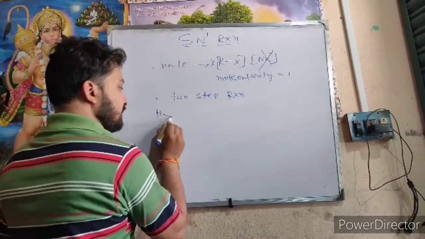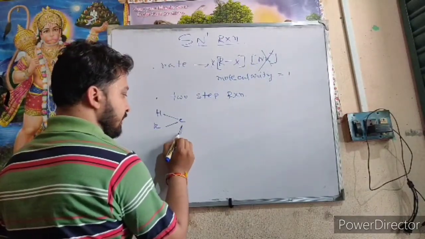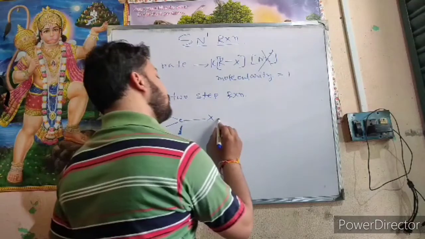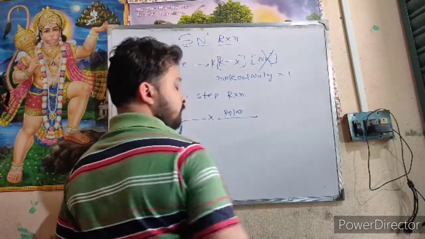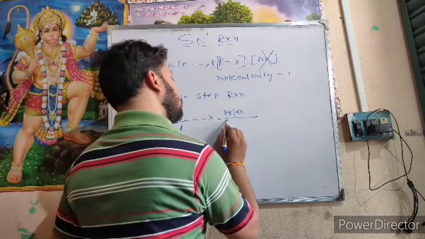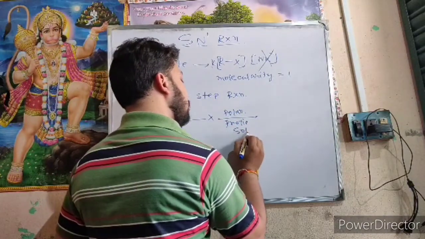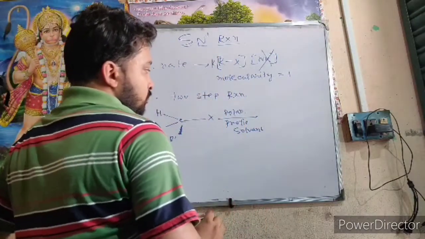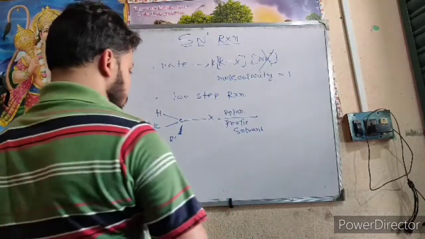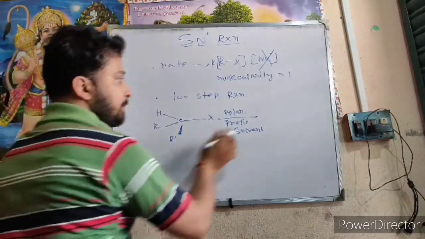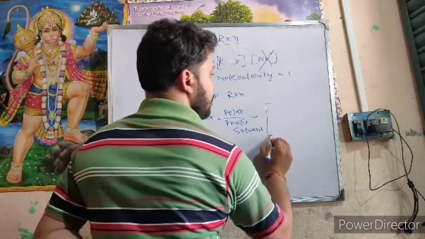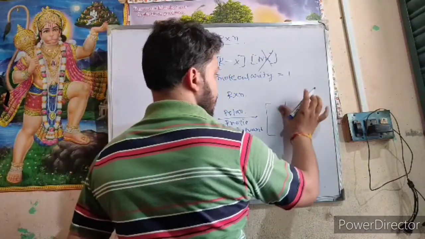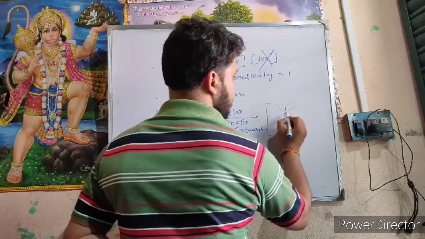If you take C R R' and H, and then you use a polar protic solvent. But for the SN2 reaction, you can use a polar aprotic solvent. Then what happens in the reaction? You get this point.